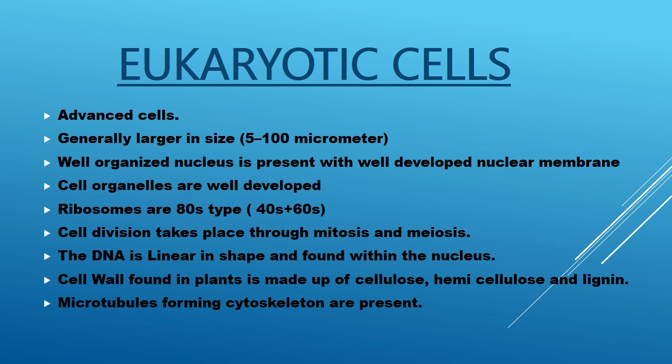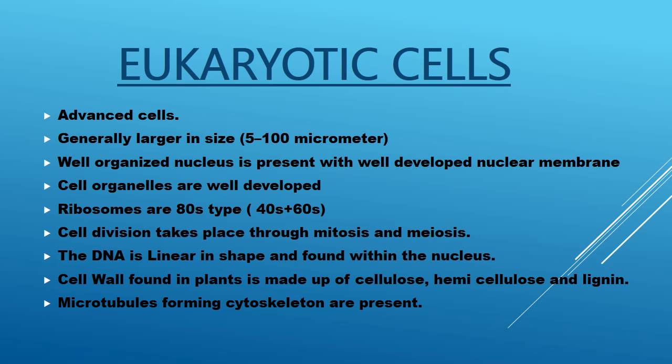Now let us just clarify the difference between a prokaryotic cell and a eukaryotic cell. A prokaryotic cell we can compare with a slum house. A room where there is a kitchen, a bedroom, guest room, study room, everything packed in a single place.